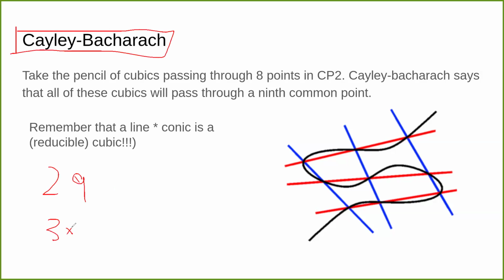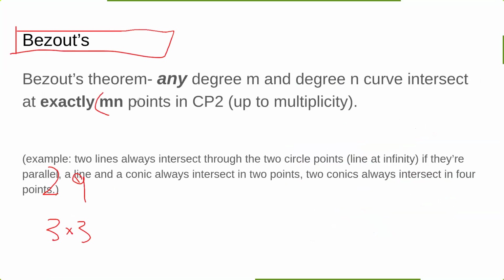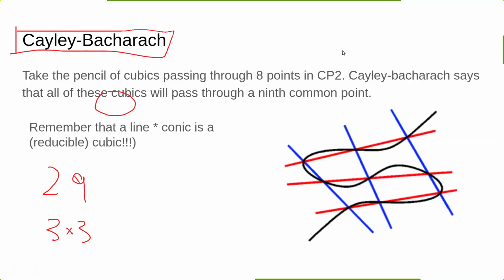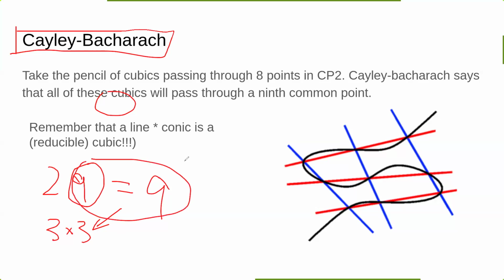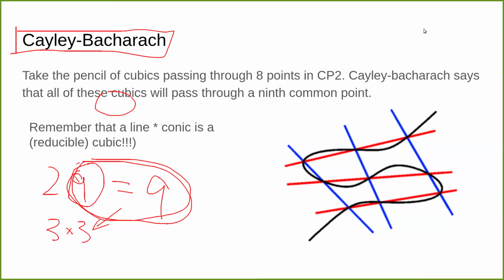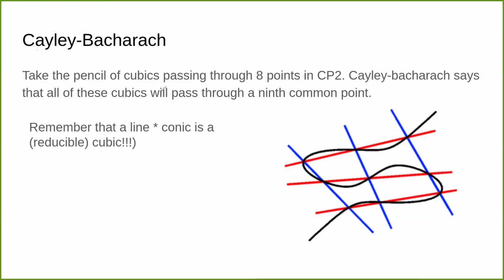Because 3 times 3, by Bezout's theorem from before. But you also only have 9 degrees of freedom in a cubic in general. So the number of intersections of two cubics is exactly equal to the number of degrees of freedom. And this means that you kind of lose a degree of freedom when you do this, which is the intuition behind this, basically.